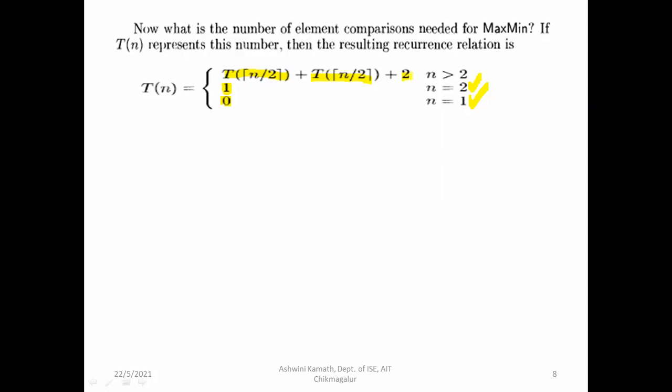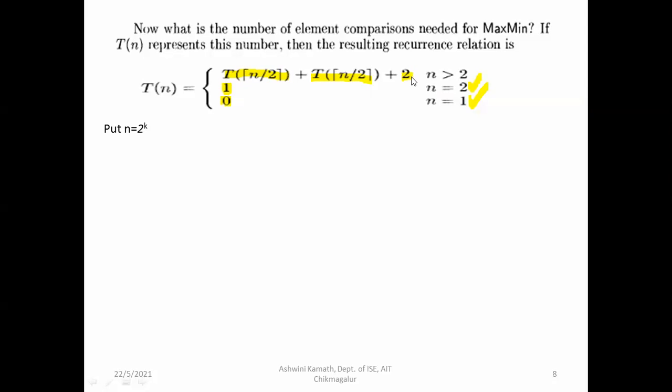So we need this plus 2. So T of n by 2 plus T of n by 2 plus 2. Why is it T of n by 2 twice? Because we are dividing the array into 2 parts, each having n by 2 elements. Okay, then how to solve this?